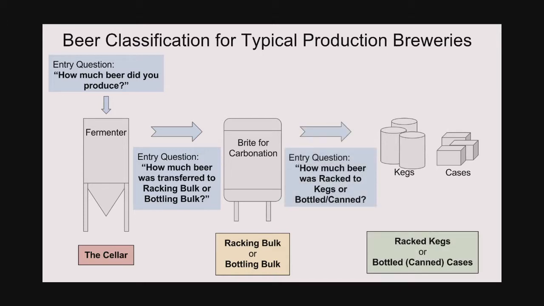Next, when you're done carbonating and you're ready to keg or bottle, you answer the question how much beer was racked to kegs or how much beer was bottled and canned. And then this will move your inventory from racking bulk or bottling bulk into kegs or cases.